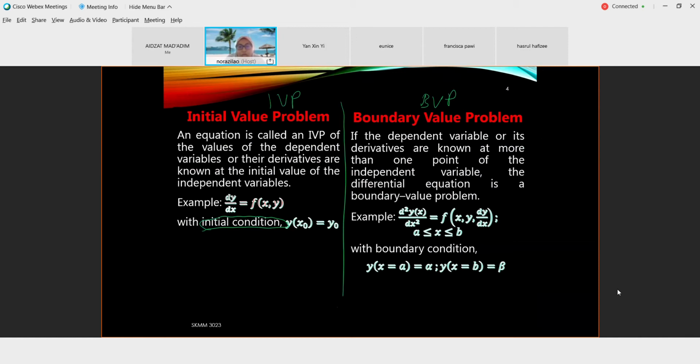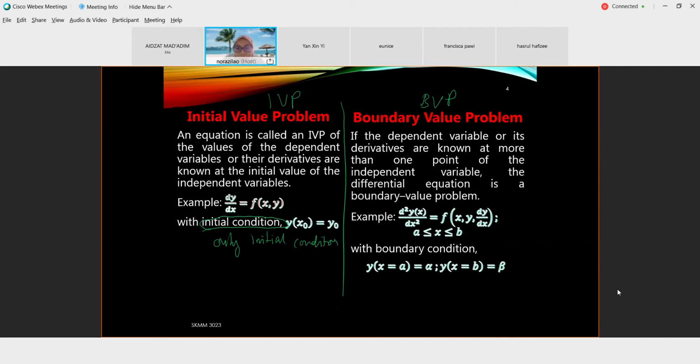If our governing equation mentions only the initial condition, that is an initial value problem. For example, dy over dx equals a function of x and y, with initial condition y of x naught equals y naught. Only initial condition, so it falls under IVP.